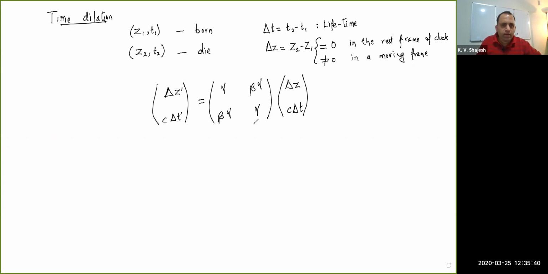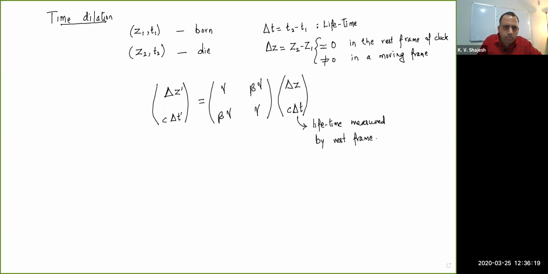We have to now specify which observer is at rest and which one is moving. Let us say delta T here is the lifetime measured by the rest frame. That means to say this observer is at rest with respect to the object whose life we are measuring.